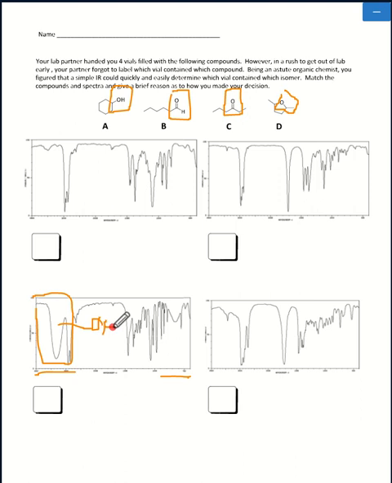If you flip it over, it looks like a pretty broad mountain. If that peak was much shorter and much more broad, that would imply a carboxylic acid. But with a broad peak that's pretty deep in the left corner of a spectra, that's where an OH stretch would show up if there's an OH alcohol group in your molecule. So that automatically says this bottom left spectra belongs to molecule A. That's the only molecule that has an alcohol group.